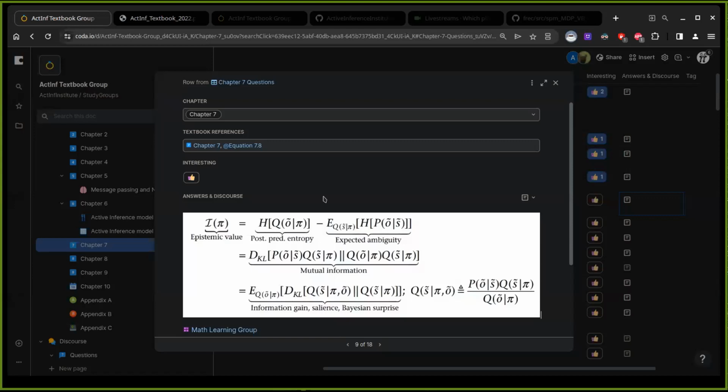And especially this is related to the exploitation-exploration dilemma. Briefly, as we talked about in the previous session, minimizing free energy corresponds directly to approximate Bayesian inference by choosing the least surprising outcomes.